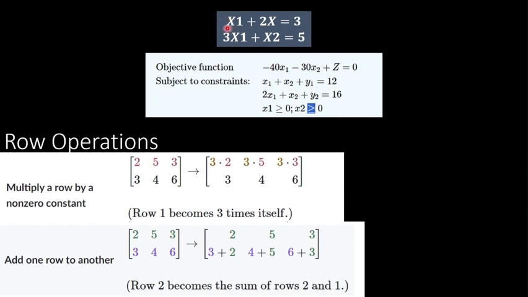So we can multiply the first equation by minus 3. This gives us minus 3x1 here, minus 6x2 equals minus 9. So by adding the two equations together, we'll have minus 5x2 equals minus 4 and x2 equals 0.8.